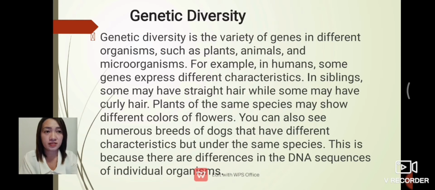Plants of the same species may show different colors of flowers. You can also see numerous breeds of dogs that have different characteristics but are under the same species. This is because there are differences in the DNA sequences of individual organisms.